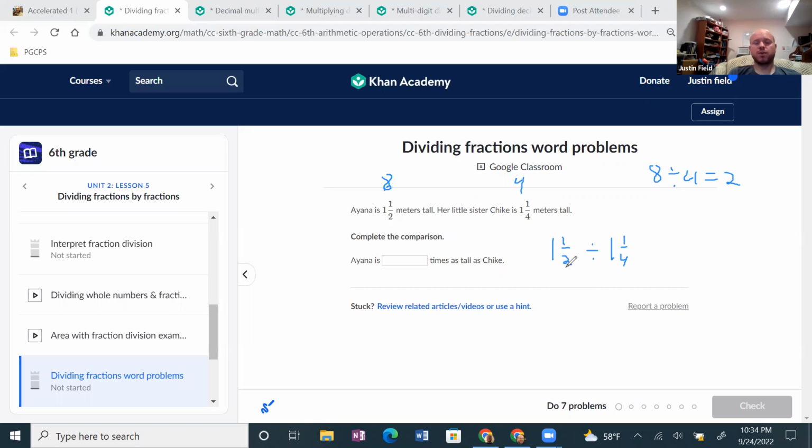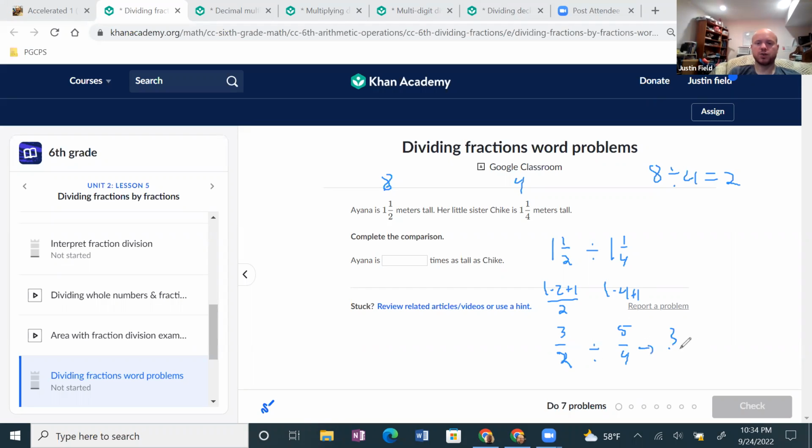So now what we want to do is change this into improper fractions. So 1 times 2 plus 1 over 2 is going to be 1 times 2 is 2 plus 1 is 3, 3 over 2. And 1 times 4 plus 1 is 4 plus 1 is 5 over 4.